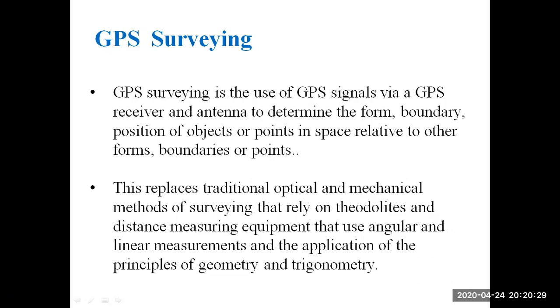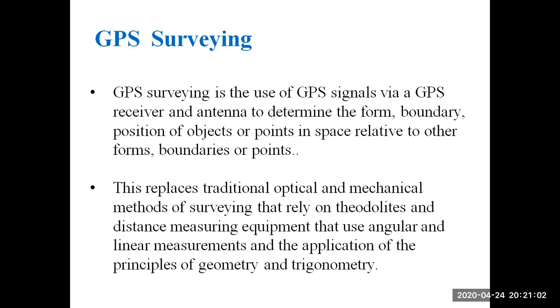Before GPS came into existence, surveyors used to travel and calculate the position of the object, area, etc. But after GPS, surveying uses the signals from the GPS receiver and antenna.